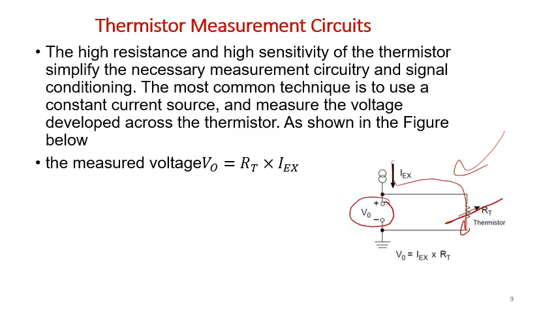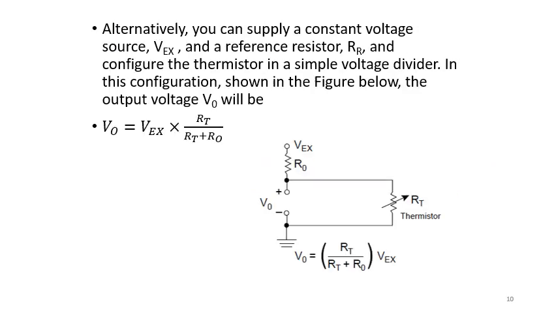So the change of temperature will change the resistance, which will change the output voltage. The output voltage is calculated as RT times I EX, that is, the resistance of the thermistor multiplied by the current flowing through the thermistor.